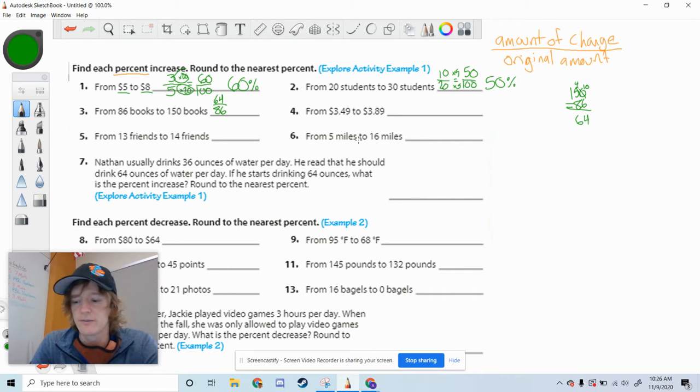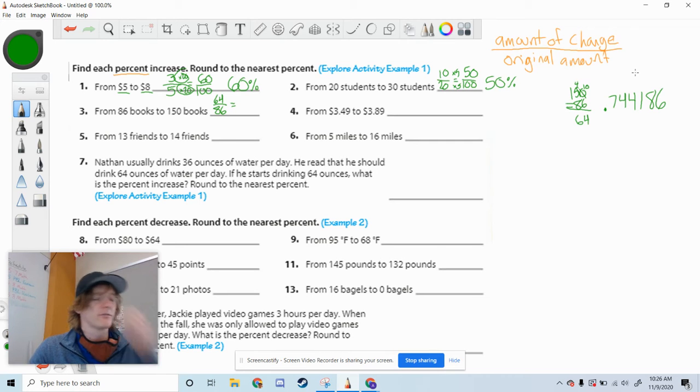So at this point, you can probably pull out a calculator, or open up your calculator, and when you get to these practice problems, you're going to have to do 64 divided by 86. Now, when I do that, I'm going to write it over here, 0.744186.